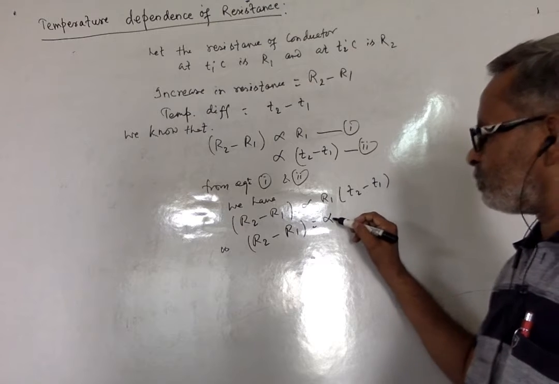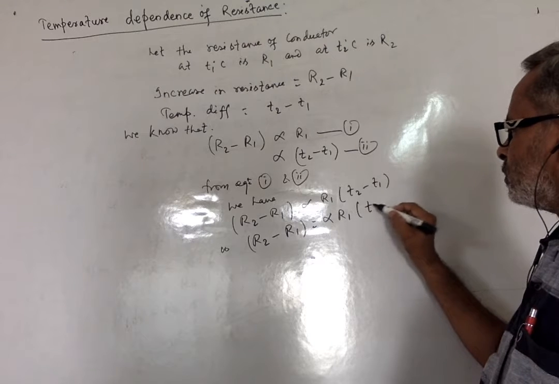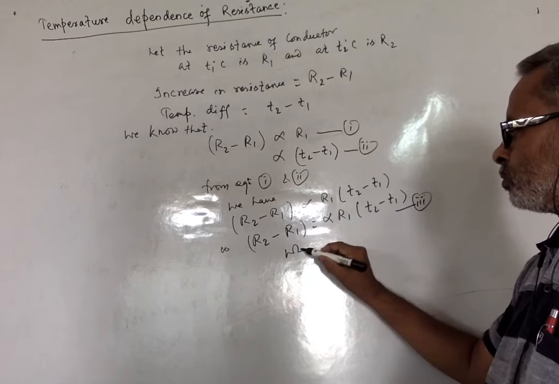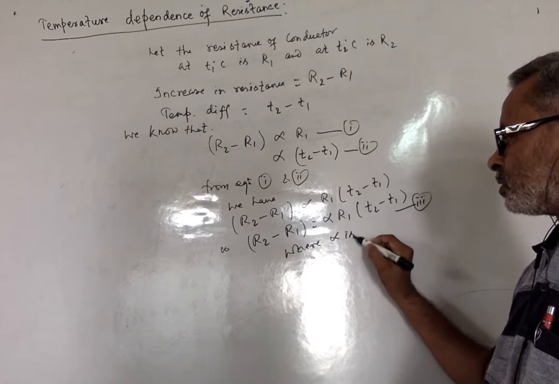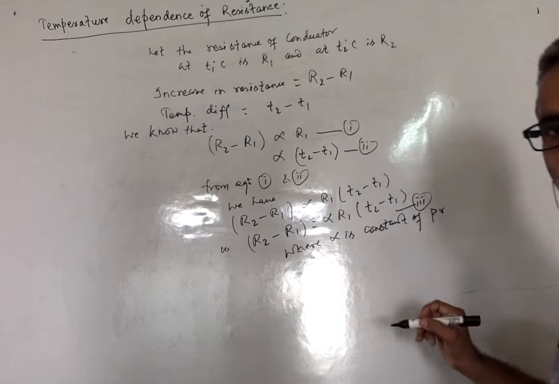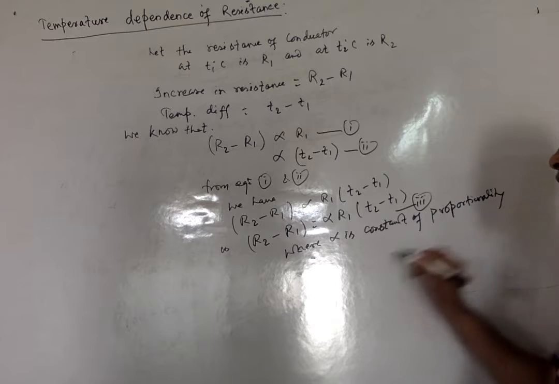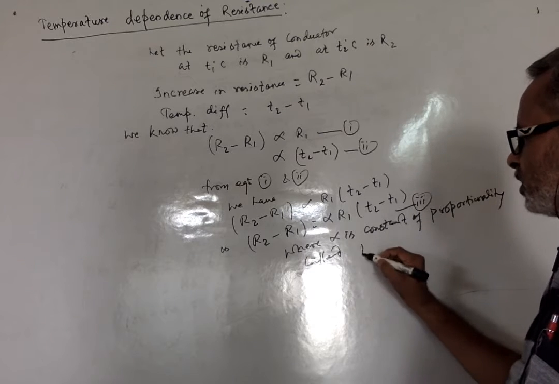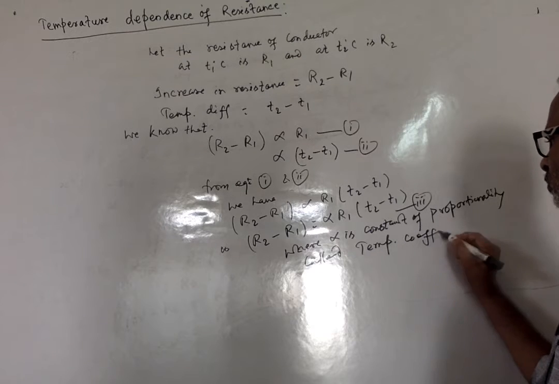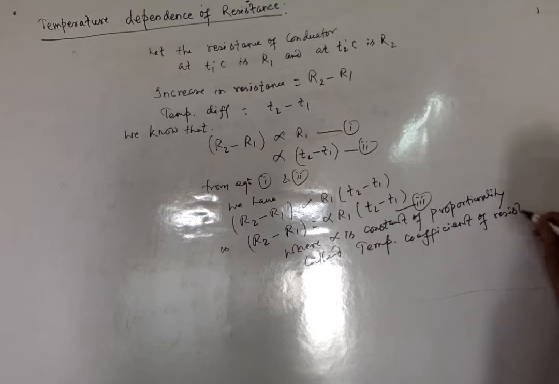Here alpha is the constant of proportionality, called temperature coefficient of resistance.